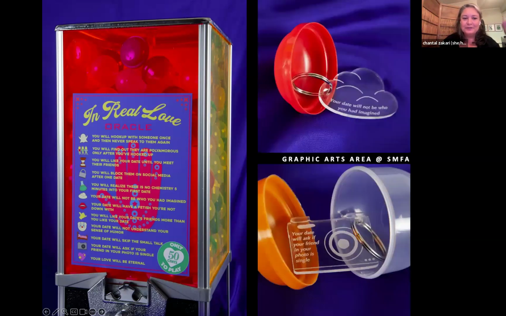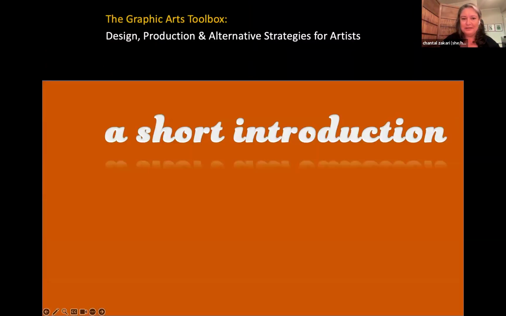Here I'm showing you work from Erica Sachs, who graduated a couple of years ago, just to give you a sense of how Erica was strongly grounded in the graphic arts area, but she also designed this whole vending machine and all the objects that go inside the vending machine. So we see our practice as a very interdisciplinary practice.